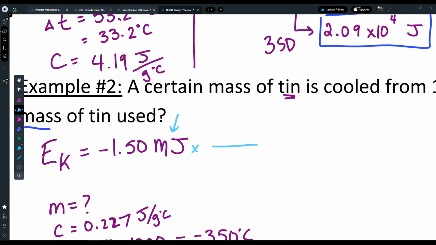So since it's in the top, I'm going to put megajoules in the denominator, so that I have the exact same units in the top and the bottom so that they cancel out. I want to be left with joules, so that's what I'm putting in the top. Now for the conversion, you always start with the bigger of the two units, and that's going to be megajoules.